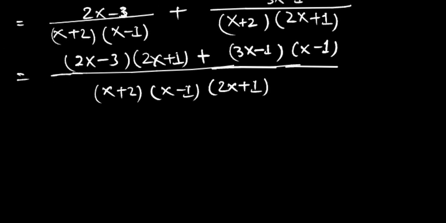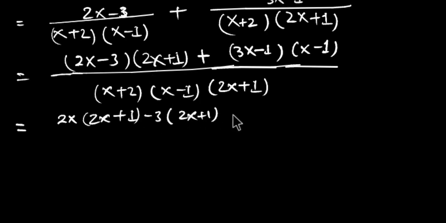Now, further solving, we have to multiply these two polynomials. So how do we multiply polynomials? First 2x multiplied with the second polynomial 2x plus 1, then minus 3 multiplied with 2x plus 1.